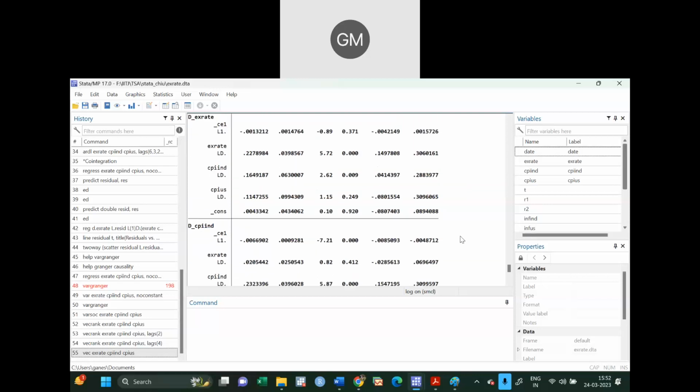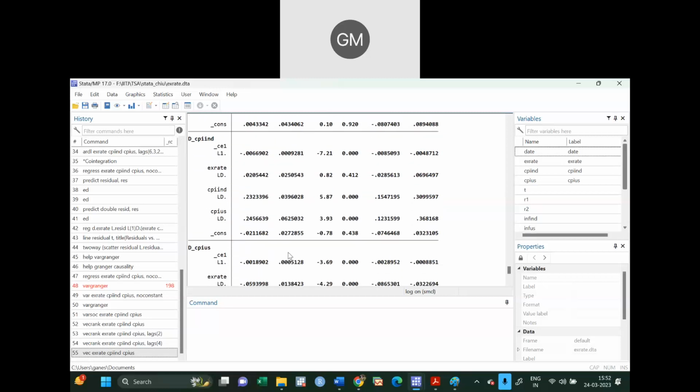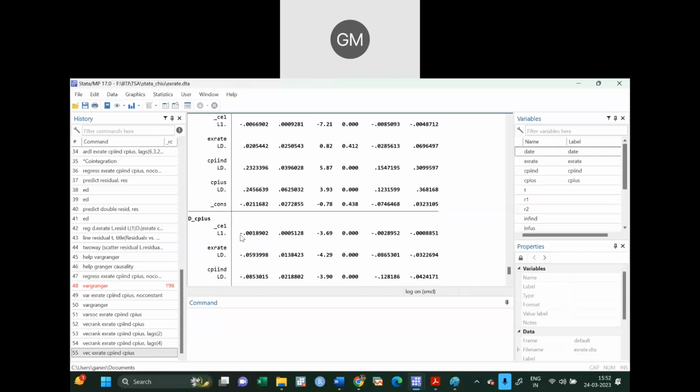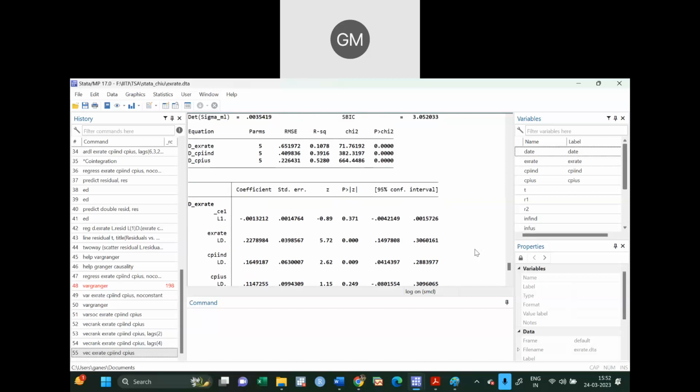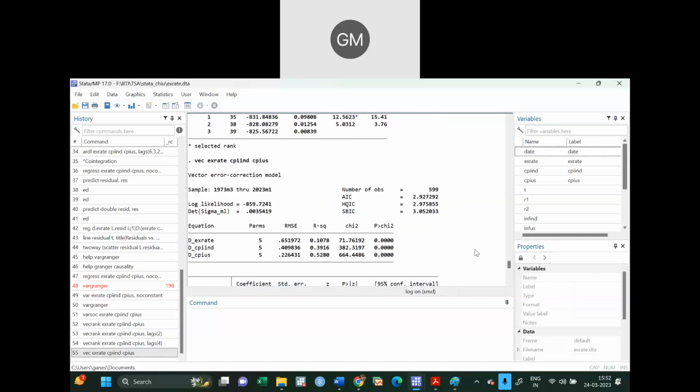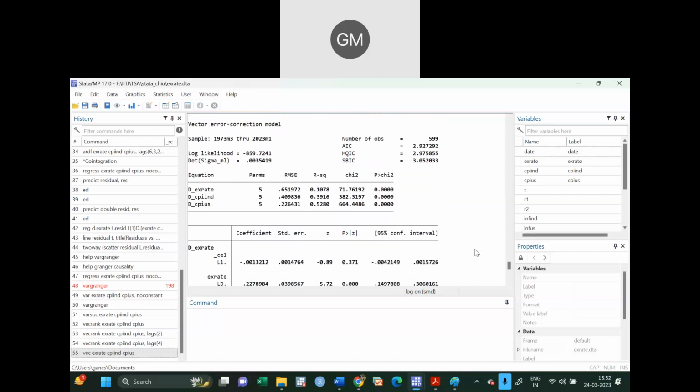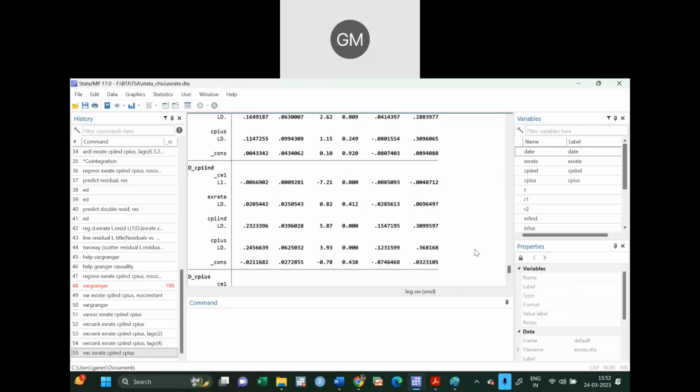So this is significant. In the case of CPI India, negative and significant. In the case of CPI US, it is significant. In the case of the exchange rate, it is not significant. Okay.